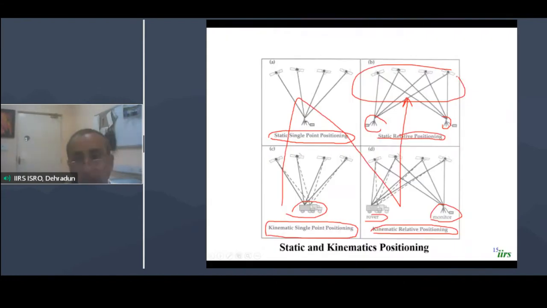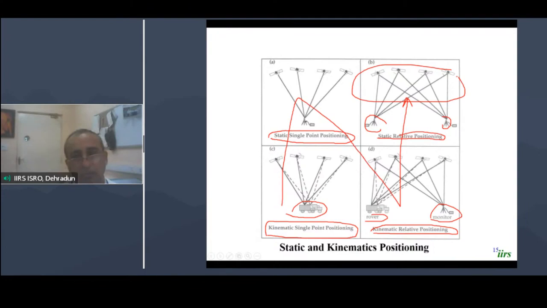One is measurement techniques in today's lecture, and the second is positioning techniques. In measurement, as per the hardware capability, we can use the code measurement technique only, because some hardware can only do code measurement. If the hardware can do the phase or carrier measurement technique, by default it is capable of code measurement also.